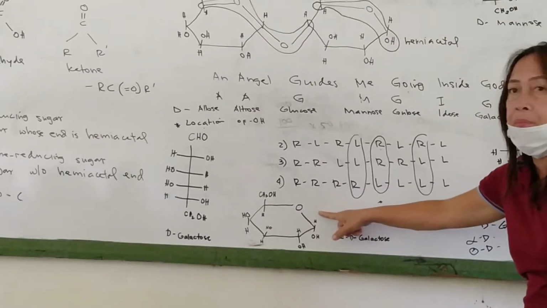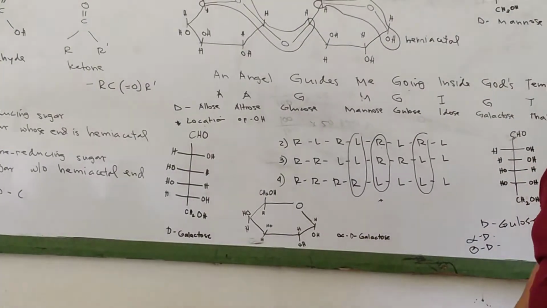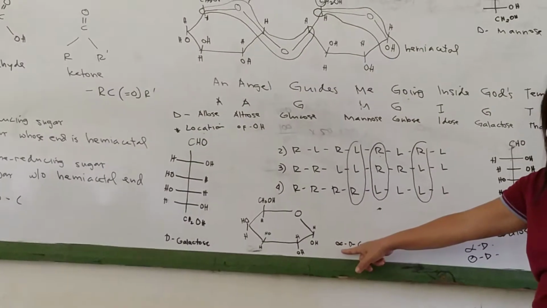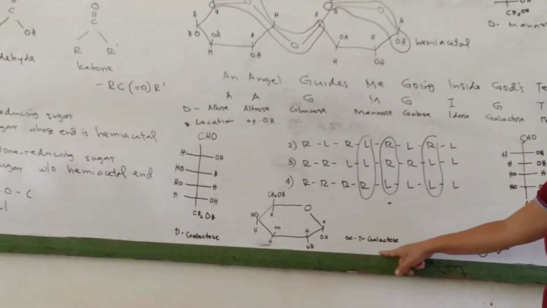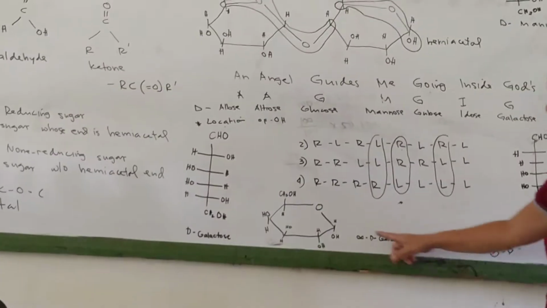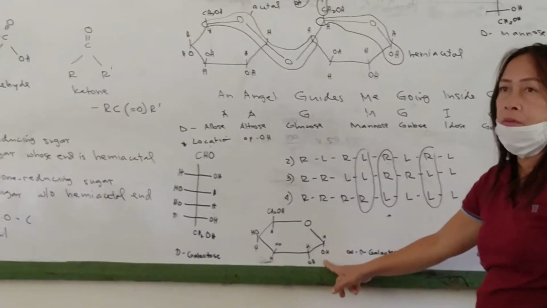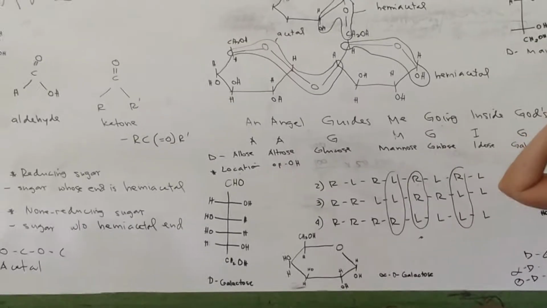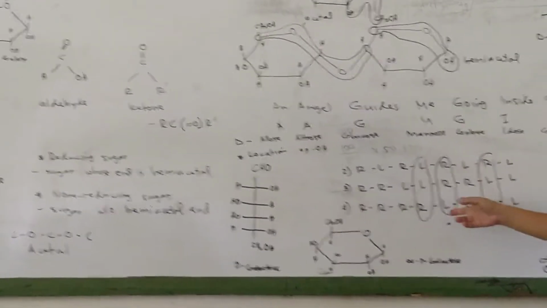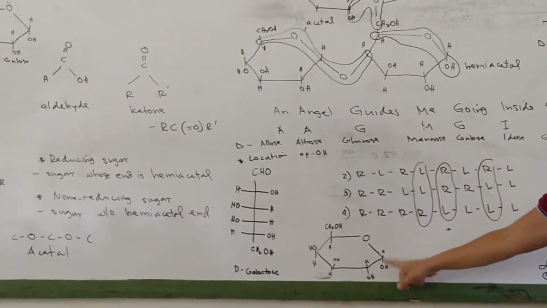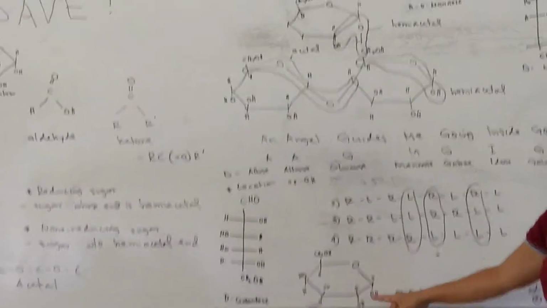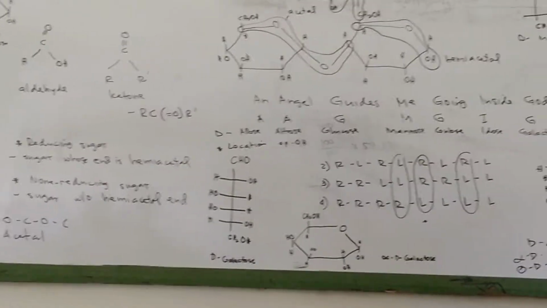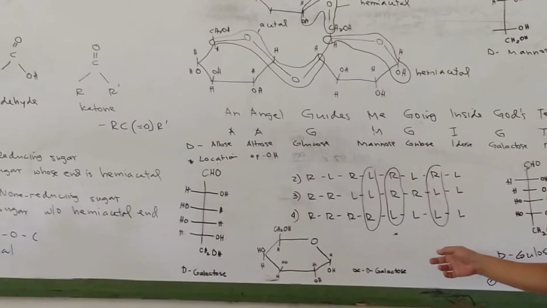The OH should be up, the H should be down. But if it's alpha, the OH is down. So if you are asked to construct the beta in Haworth projection, then the OH is up and the H is down. Get it?